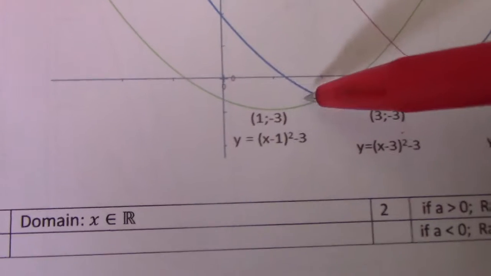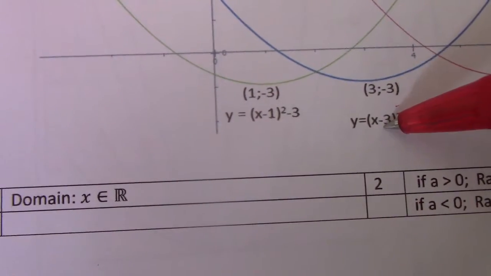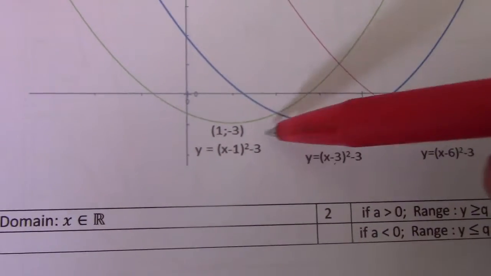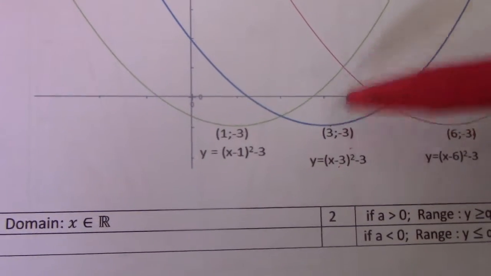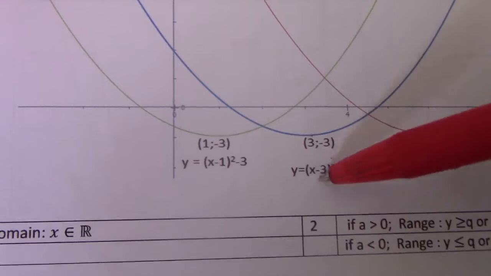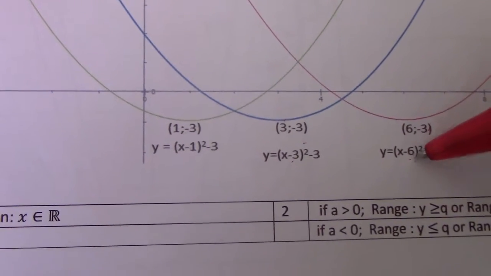So basically what happened, you see that was minus 1. To go from minus 1 to minus 3, I say minus 1 minus 2 gives me minus 3. And what happened? The graph moved 2 units to my right. So negative took it to the right. If I go from minus 3 to minus 6, minus 3 minus 3 gives me minus 6.